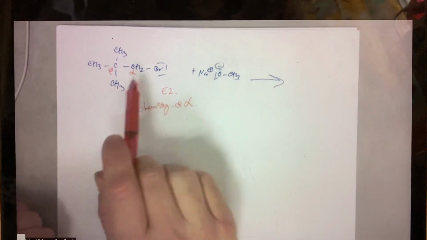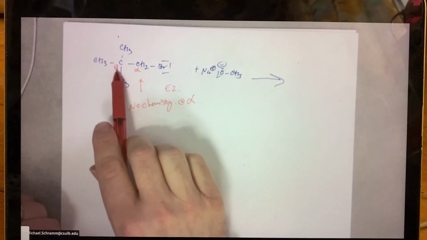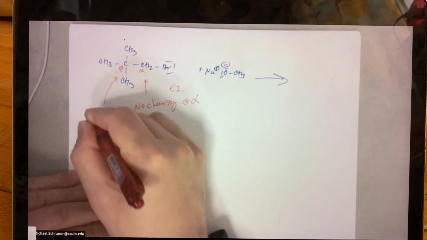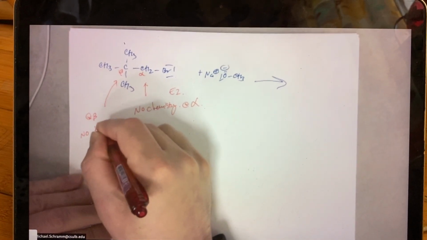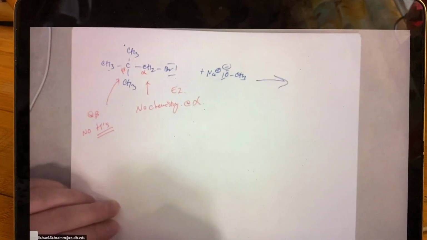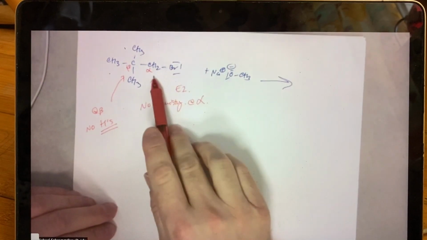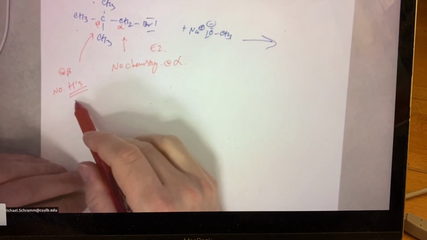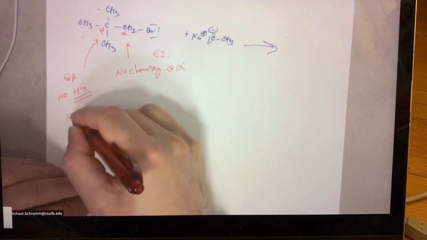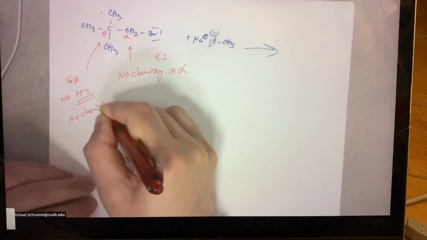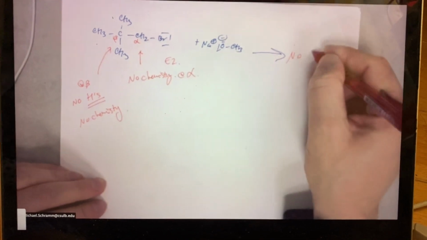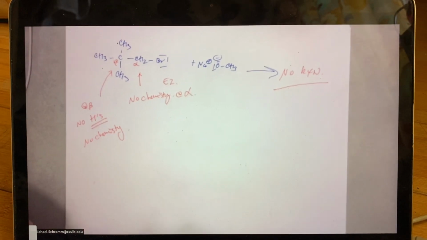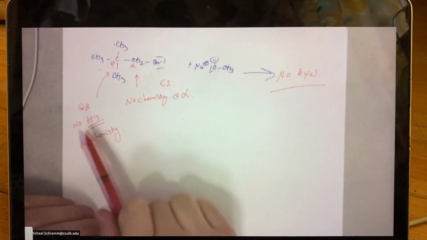There'd be no double bond. The chemistry actually happens at the beta position. And for this one, at beta, there's no hydrogens. So this doesn't react at alpha to do E2. If you don't have beta hydrogens, then there can't be any chemistry here. So here there's no chemistry possible. And so for this particular example, there's no reaction possible. Okay? It just requires that we always find beta hydrogens.